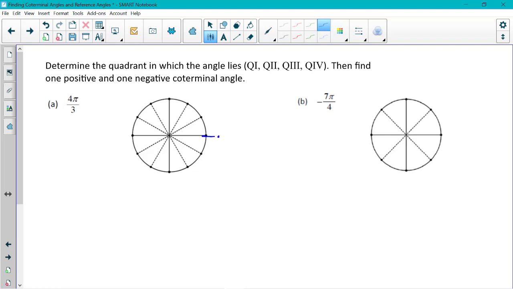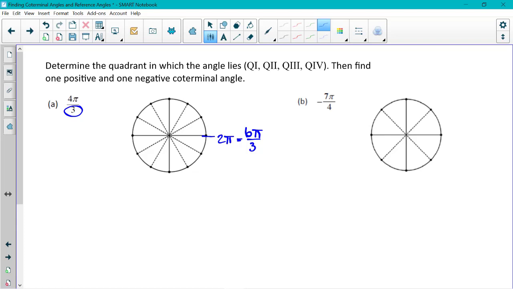One full rotation is 2 pi, which, if I'm talking about an angle whose denominator is 3, is going to be 6 pi over 3. So 2 is equivalent to 6 over 3. So I know when I have 4 pi over 3, that's less than one full rotation.